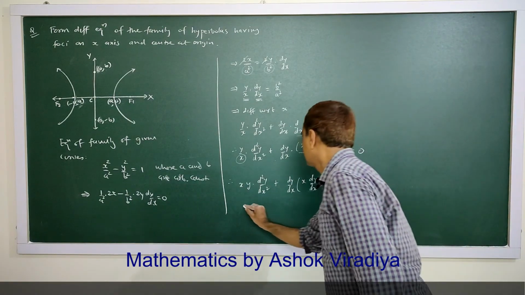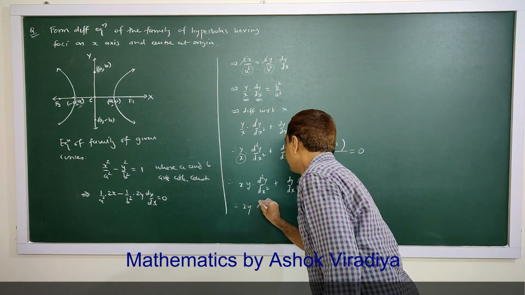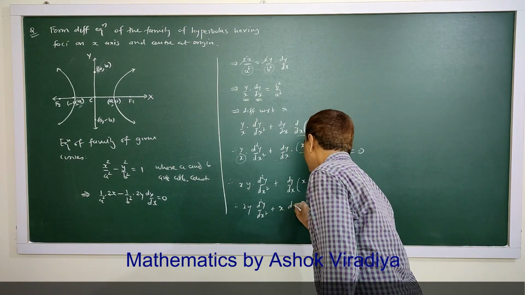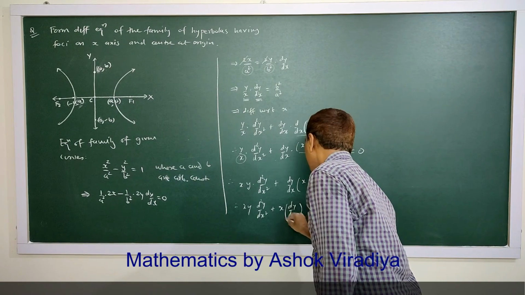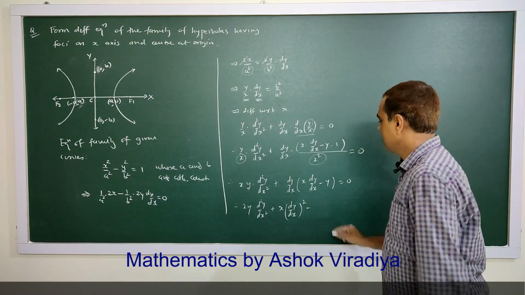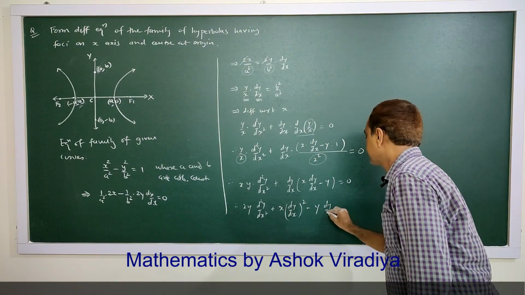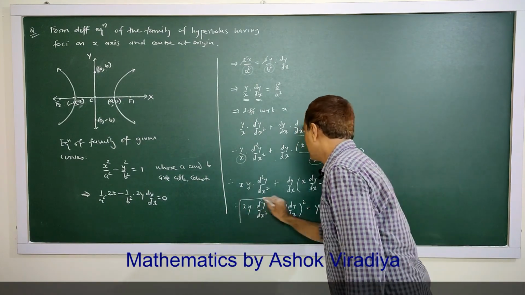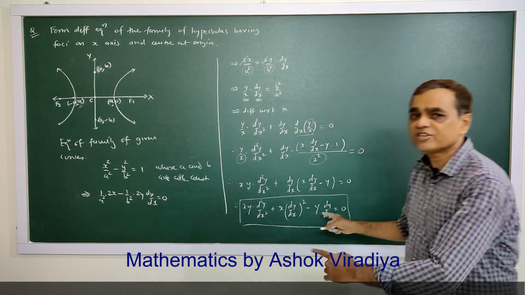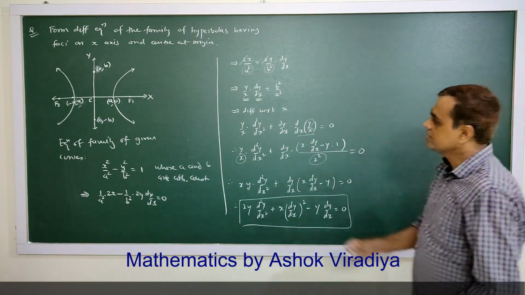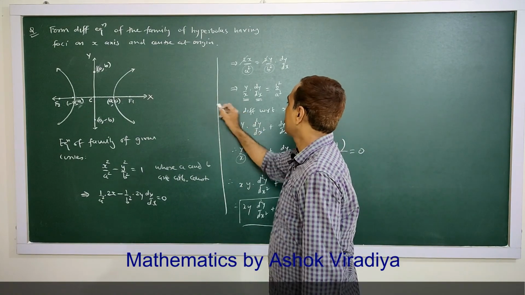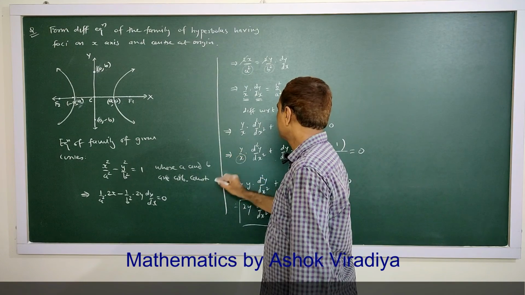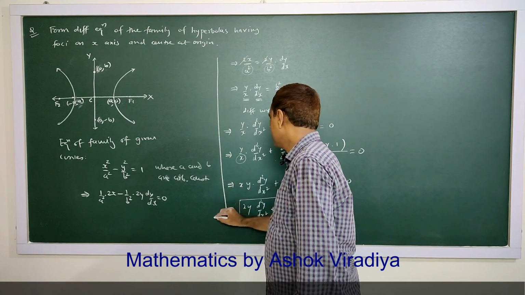Therefore xy d square y by dx square plus x into dy by dx whole square minus y into dy by dx is equal to 0. This is the required equation. It is a differential equation. Here we can use the symbol of implication, or you can also use therefore.